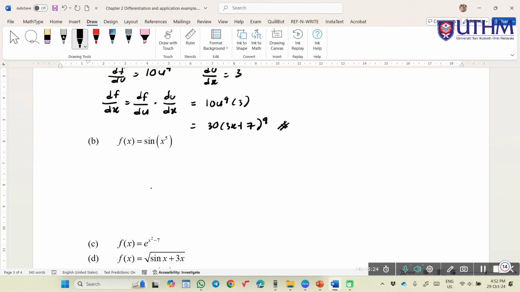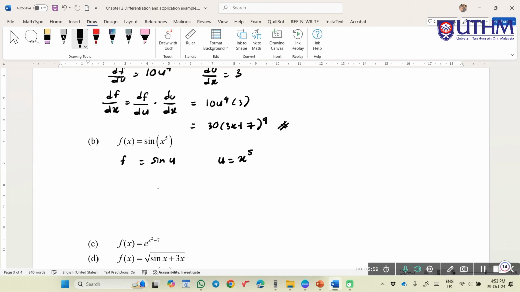We can consider this as sin u, because we can differentiate sin u directly without any other multiplication of the angle by any number or function. So our u now is x power of 5.